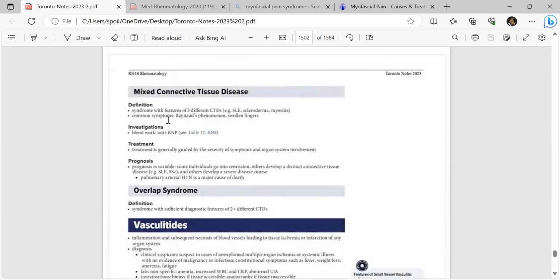Okay, mixed connective tissue disease is the syndrome with features of three different connective tissue diseases, that is SLE, scleroderma, and myositis. Common symptoms are Raynaud phenomenon and swollen fingers. Raynaud phenomenon is a condition in which our fingers turn blue because the blood vessels of the extremities narrow, restricting blood flow.